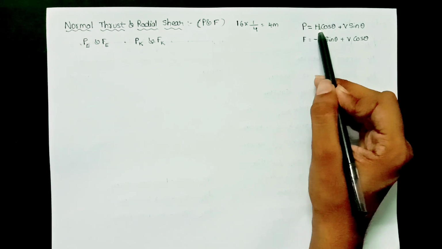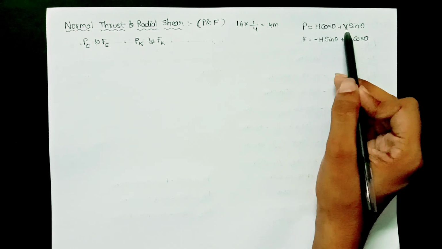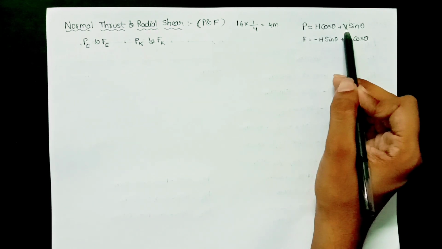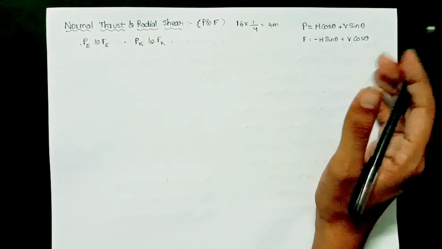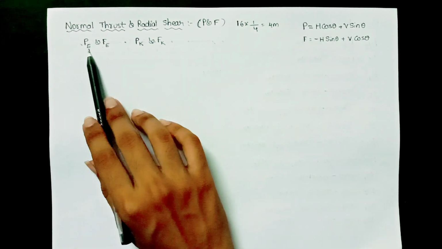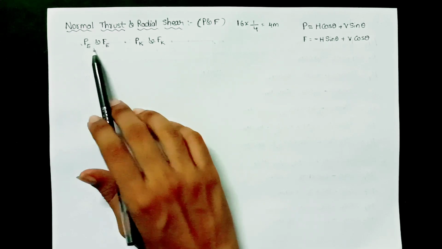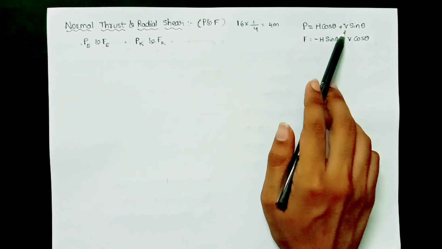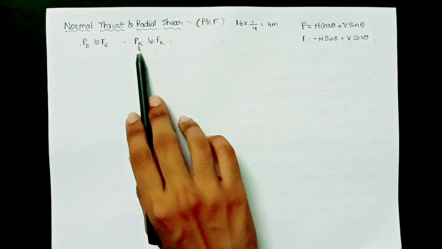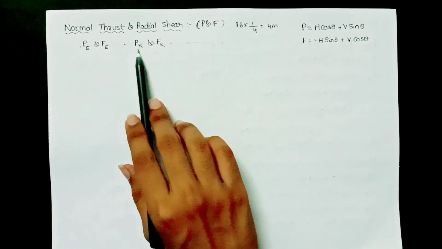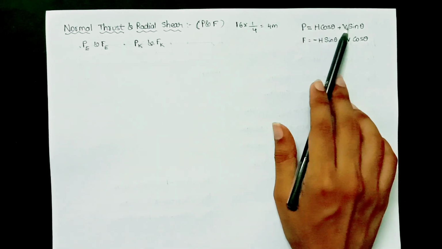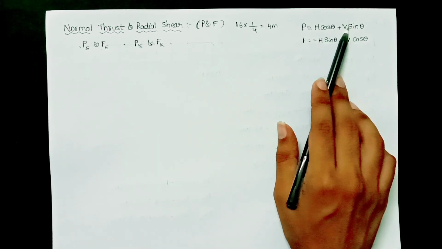It is obtained as 160 kilonewton, and we can also calculate the V value. V is nothing but shear force at that point. For example, if we are taking point E, we have to calculate the shear force at E and substitute that value here. And if we are taking point K, shear force at K is calculated and that value is substituted in these two formulas in the place of V.